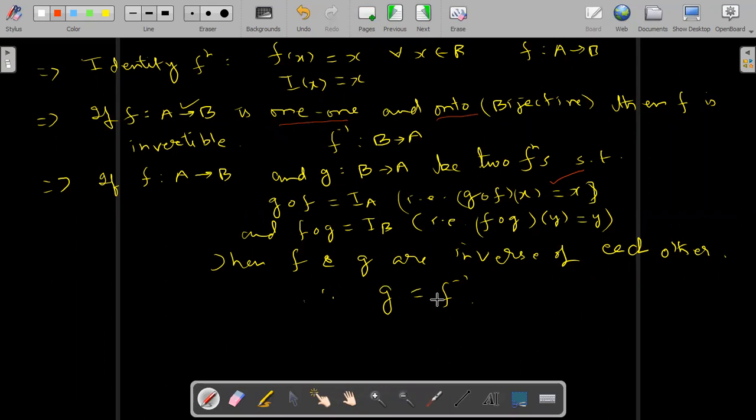Then f and g are inverses of each other. These are the conditions to find out whether an inverse function exists or not.